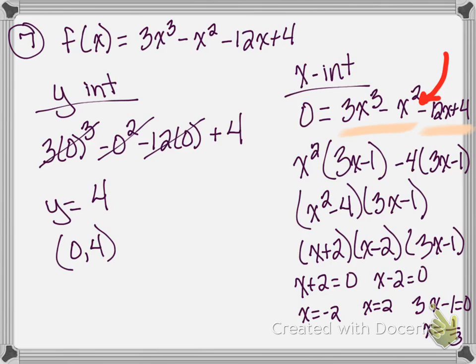I add 1 to both sides and I get 3x equals 1. I divide both sides by 3 and I get 1/3. So my x-intercepts are (-2, 0), (2, 0), and (1/3, 0). Now, you can leave it as -2, 2, and 1/3. That's fine. You can leave it like that. Okay?